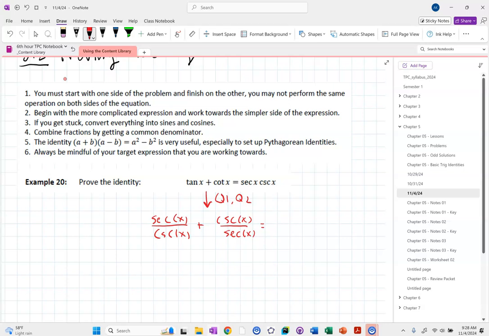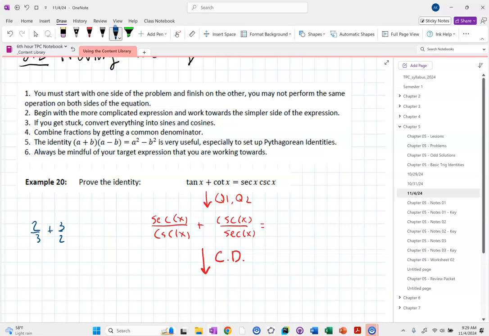So I have two fractions that I need to add together into one thing. To add fractions, I have to have a common denominator. What would the common denominator be between secant over cosecant plus cosecant over secant? If I had 2 over 3 plus 3 over 2, what would the common denominator be? 6.